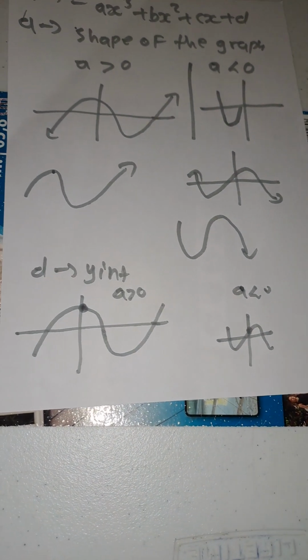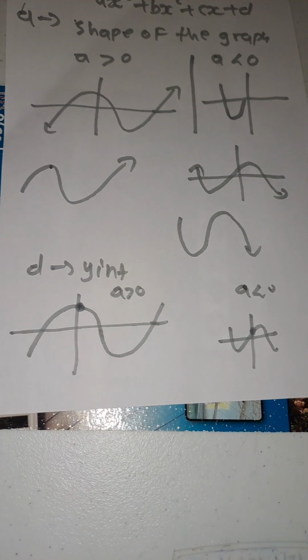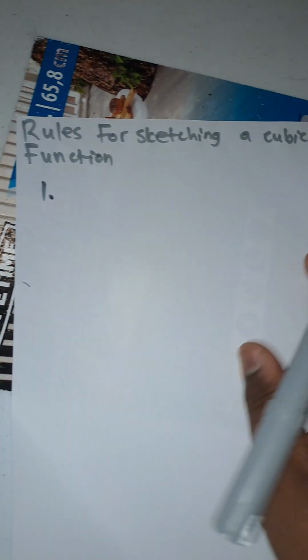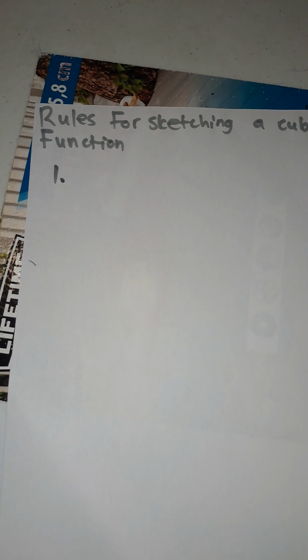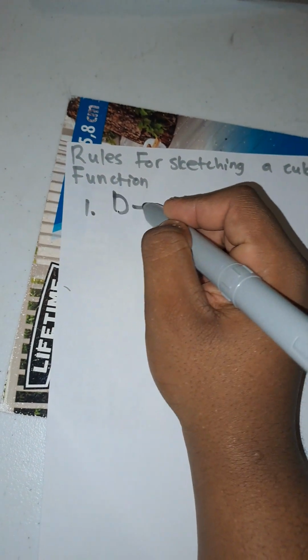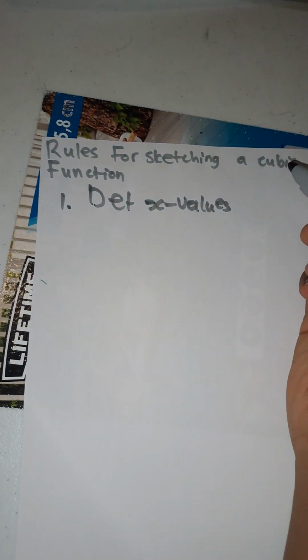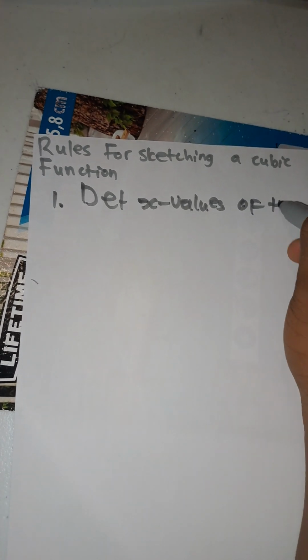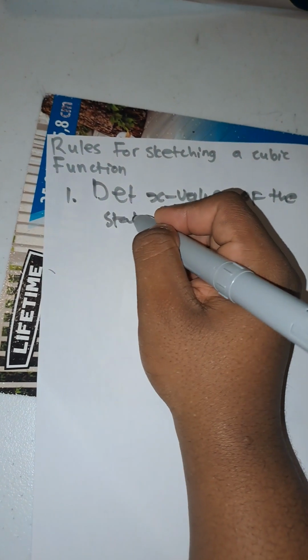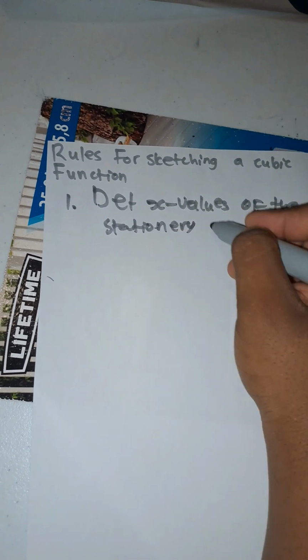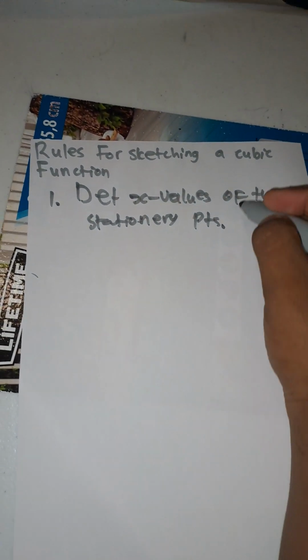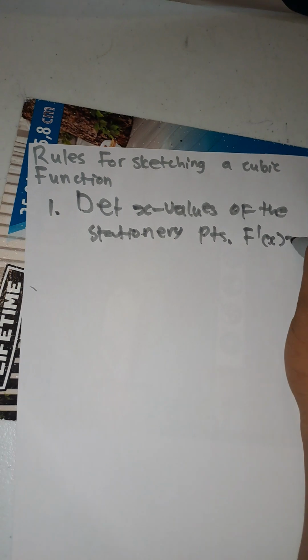Okay, so let's go for sketching a cubic function. So the rules. The first one, determine the x values of the stationary points by letting f prime of x equal to 0.